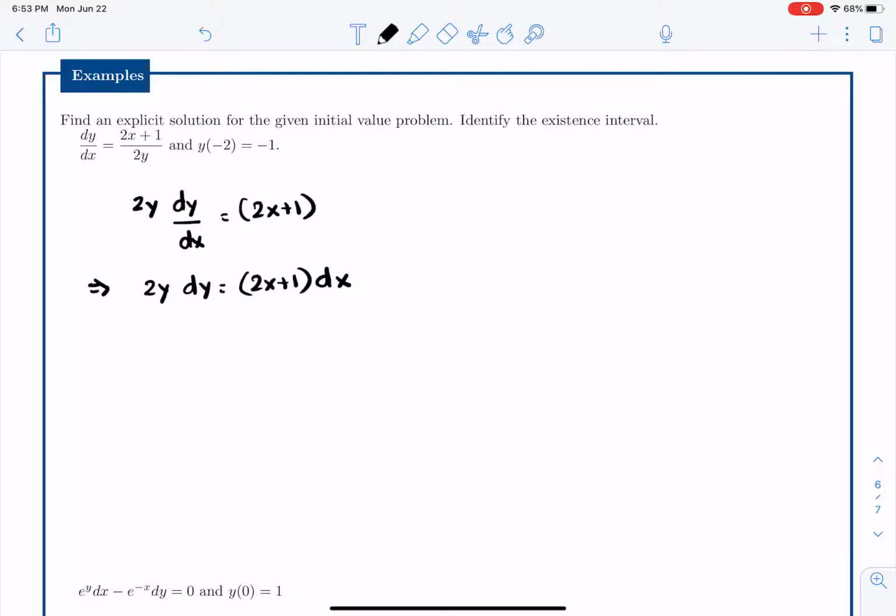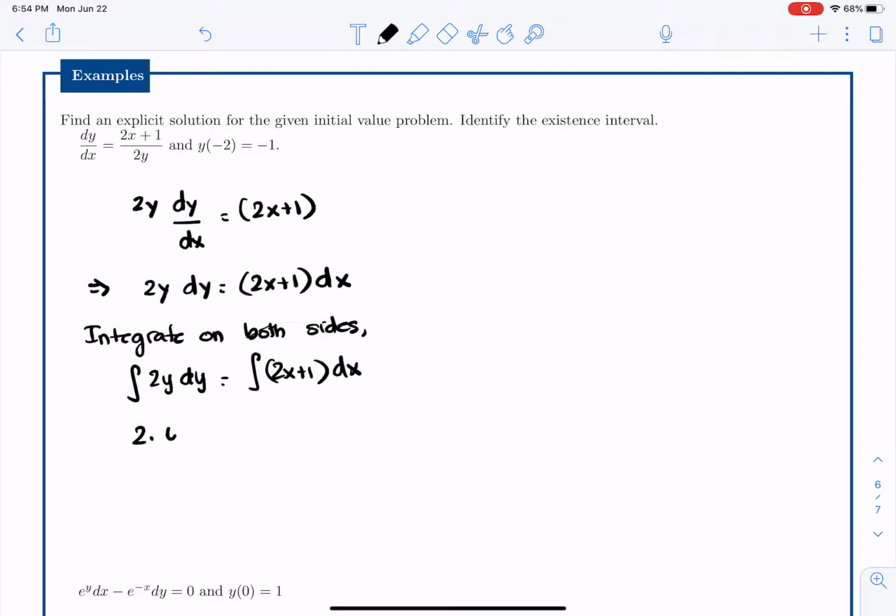We integrate on both sides because we have successfully separated all x terms and all y terms. So integrate on both sides. So the integral here is 2 times y squared over 2.